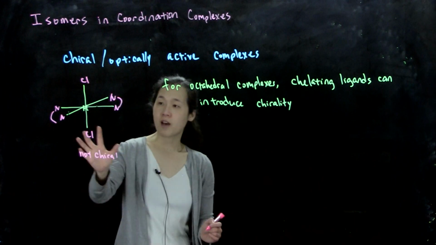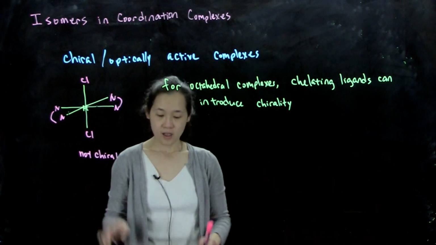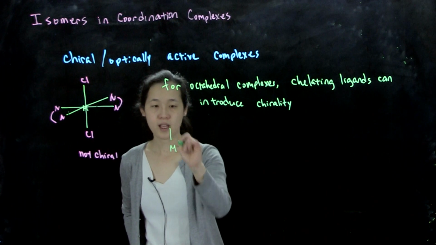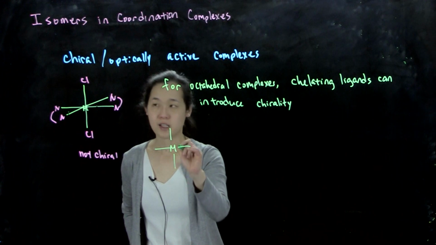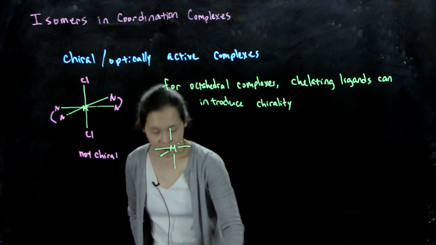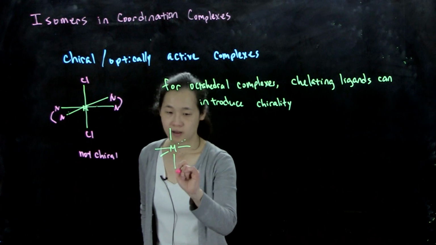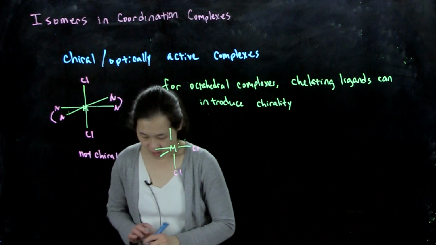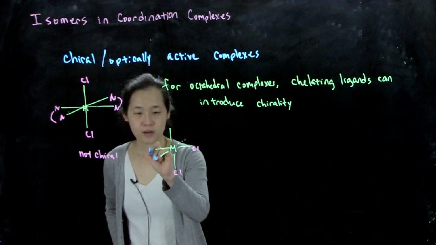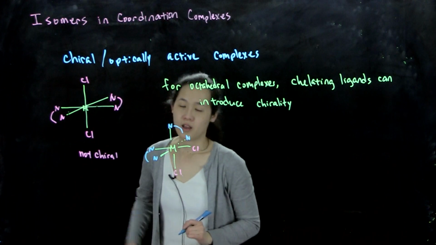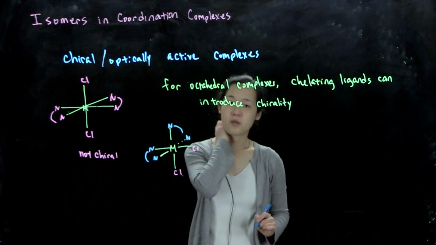But on the other hand, if I rearrange these same ligands on this complex, again I have my octahedral framework. If I move the chlorides to now be cis to each other, and then we have our ethylene diamines or chelating ligands this way, what you'll see is that there is no way to do the mirror plane.